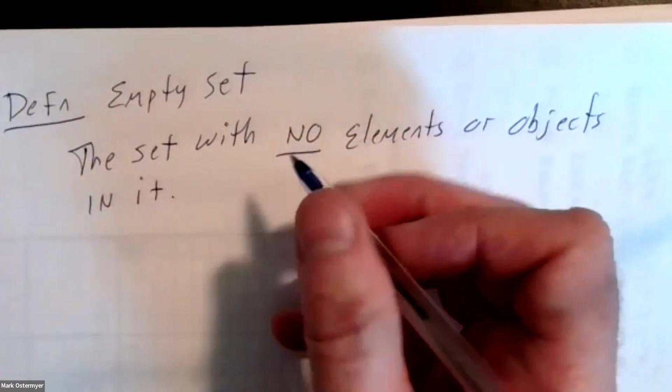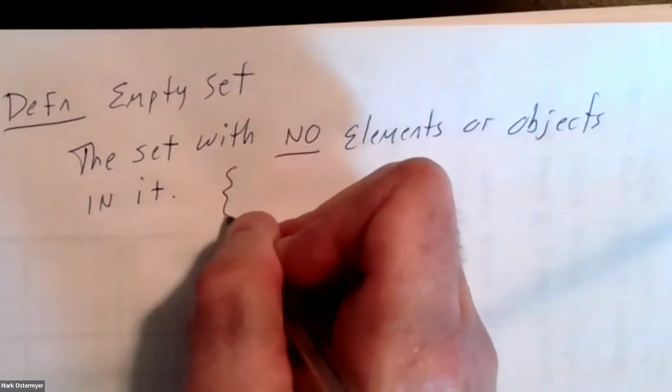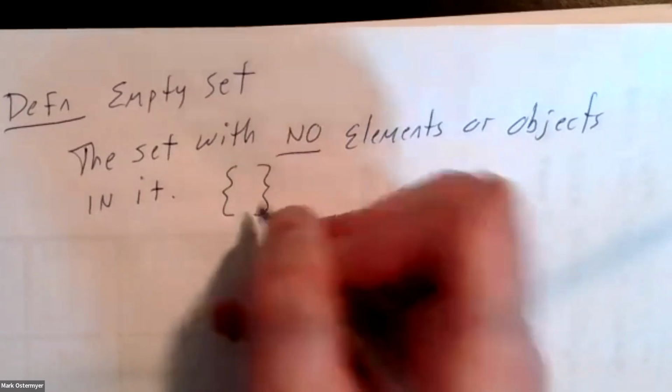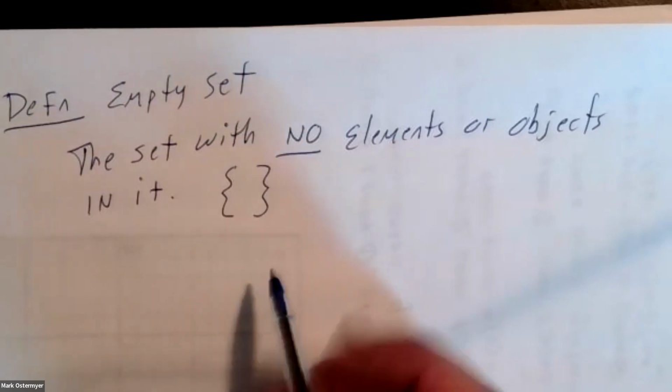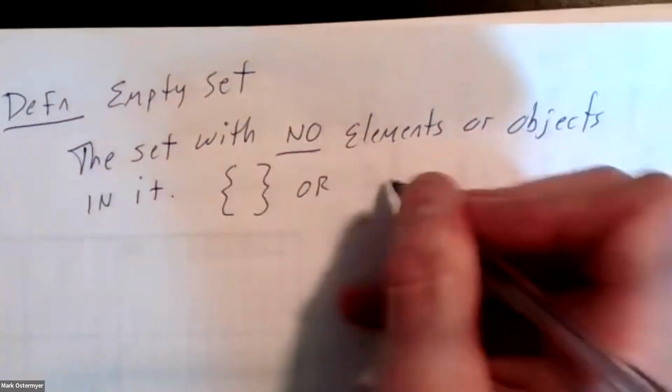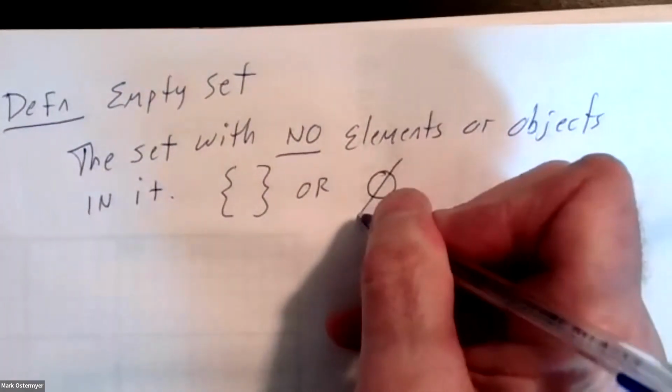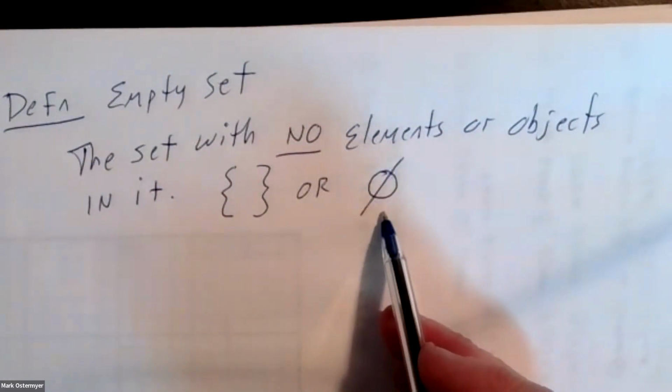Ways of representing the empty set, ladies and gentlemen, would be an open brace and a closed brace and nothing inside. That represents literally the empty set. The set is empty. Or another way to represent the empty set is to put a circle with a slash through it. This means the empty set.